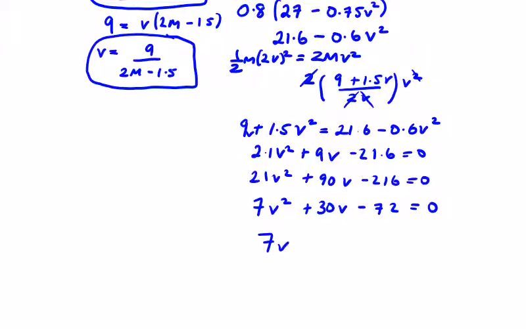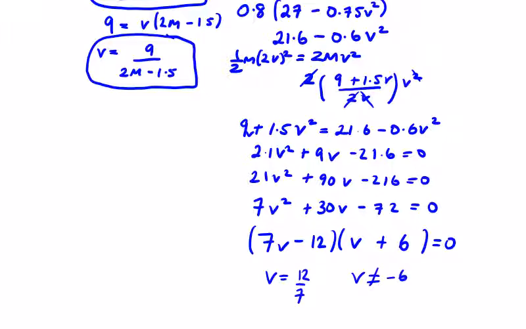So we're down to only one choice for 7v. That's 7v times v, and 6 by 12, 42. 42 take away 12 plus 6 minus 12. So v is equal to 12 over 7. It's positive. v cannot be equal to minus 6 here. So the velocity is 12 over 7.